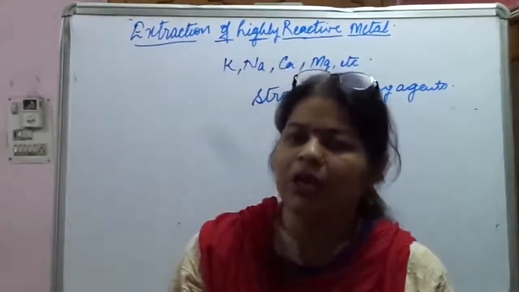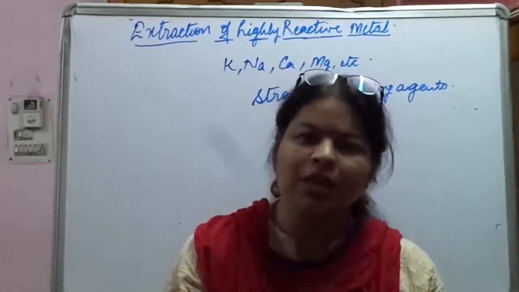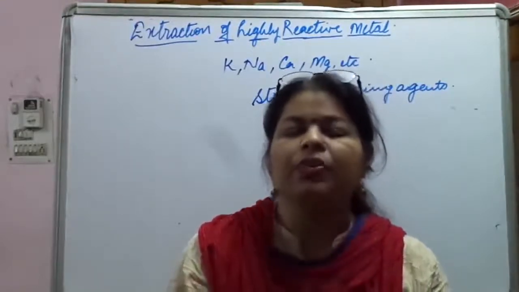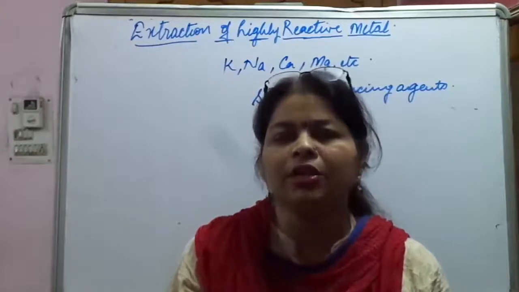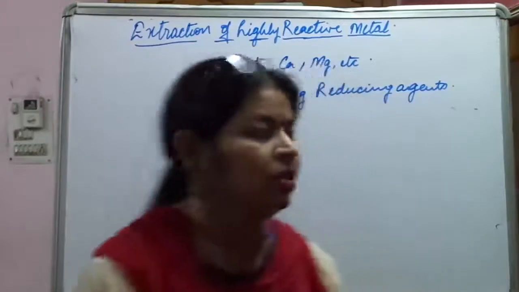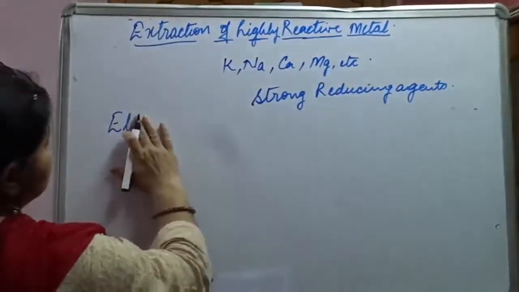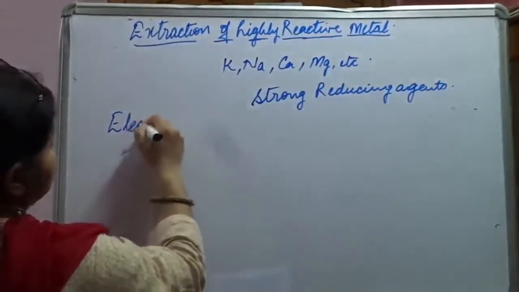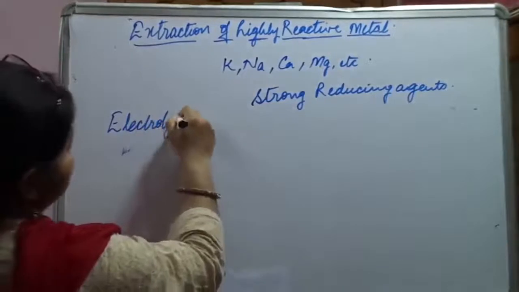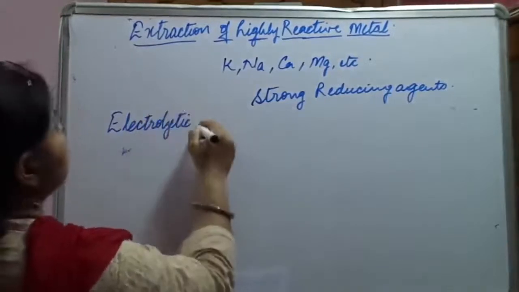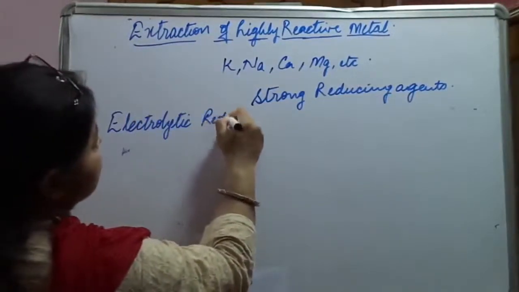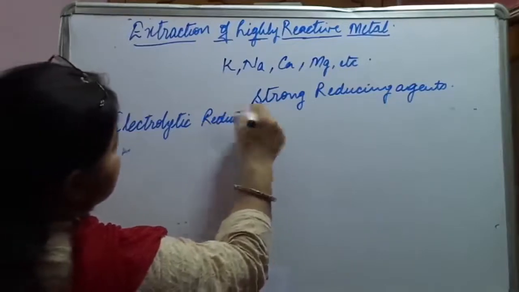Either they need to be oxides or they need to be in the chloride state. This method is called the electrolytic reduction method.